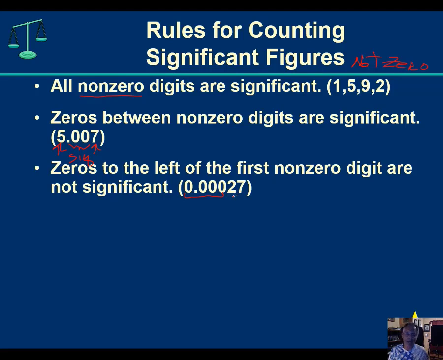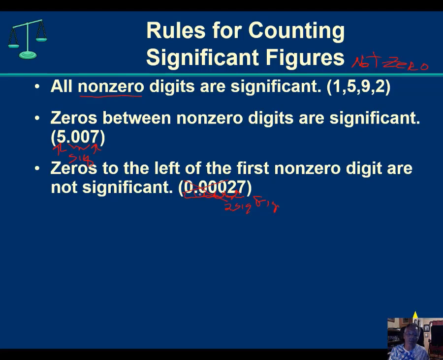Given the way that you express that value, 0.00027, there are really only two significant figures in that measurement. In fact, writing this in scientific notation would be an easier way to make this distinction. But you just need to remember these zeros are not significant.